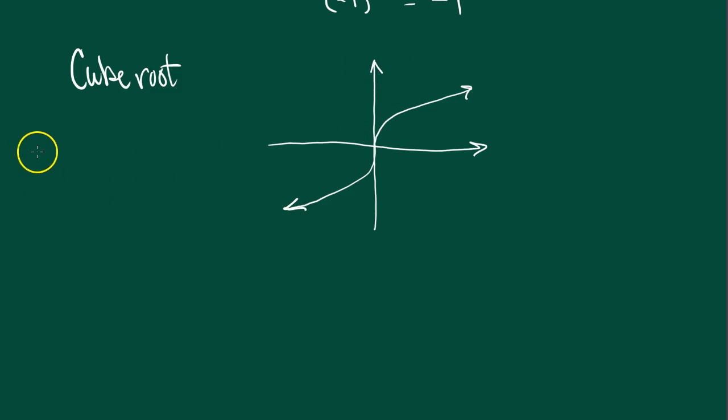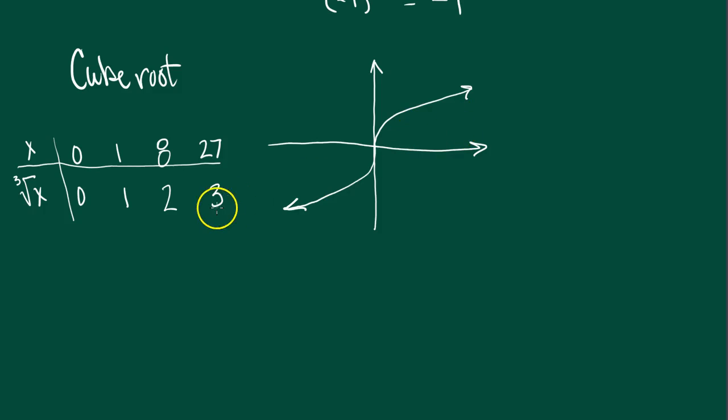If I want to start naming values that are members of the function of the cube root, I'm going to pick ones that actually have integer cube root values. So 1 is its own cube root. The cube root of 8 is 2. I'd have to go all the way out to 27 to find another integer cube root.